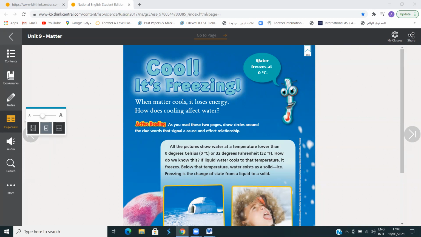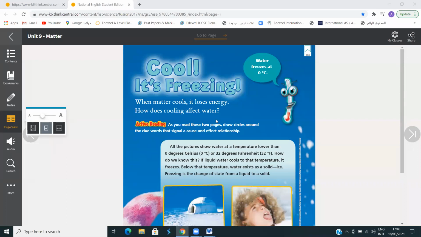So our lesson today: water freezes at 0 Celsius. When matter cools, it loses energy. When matter gains energy, it will heat. Thanks, Abdullah.